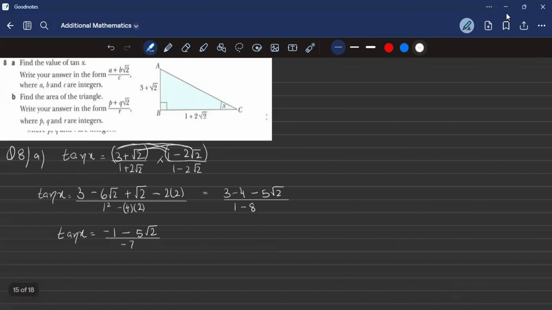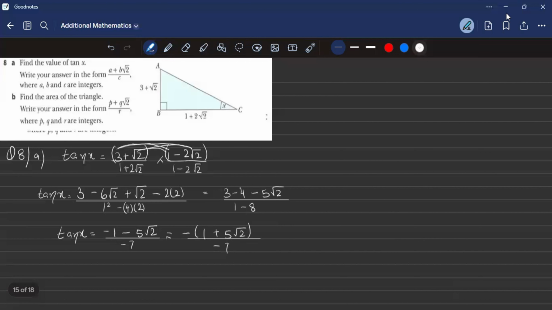Now what I'm going to do is take the negative as a common factor out here. So we get negative, 1 plus 5 root 2, divided by negative 7. I hope you understand this, because when we multiply the negative back in, we get negative 1 minus 5 root 2, which is the exact same value.